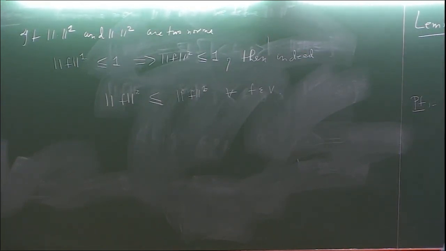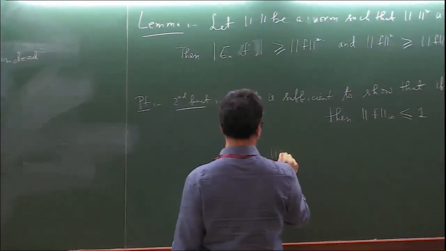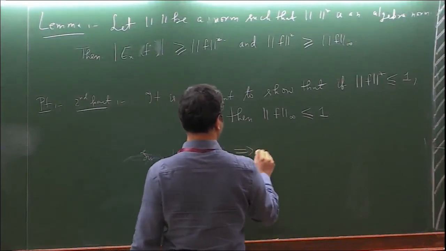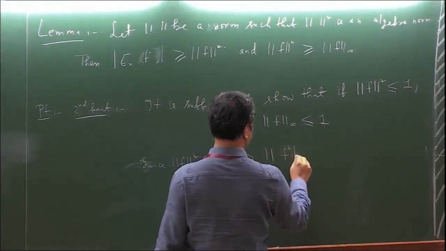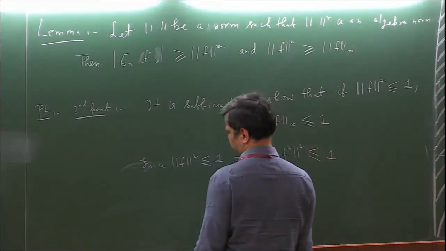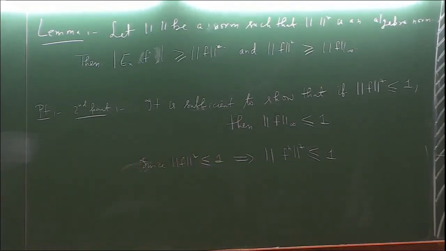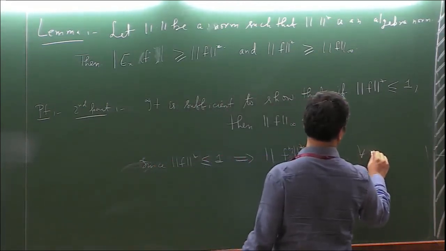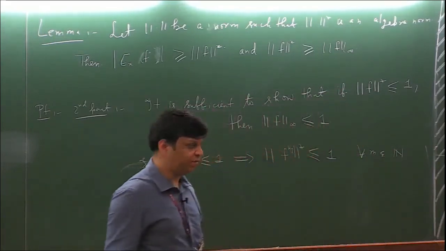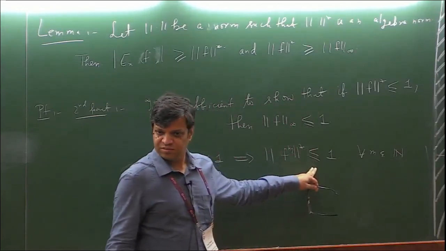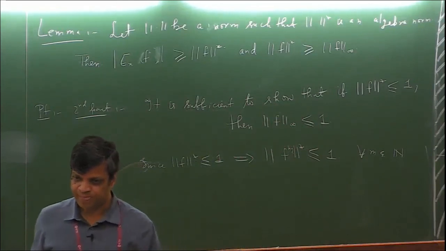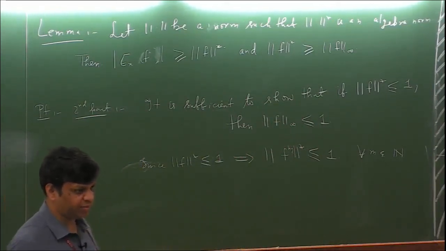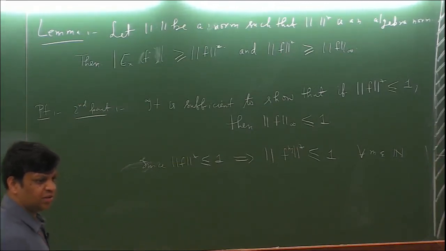If the norm of f star is less than or equal to 1, then this implies the norm of f to the power m star is less than or equal to 1 for all m belonging to the natural numbers, for every integer m, since star is an algebra norm. Right?